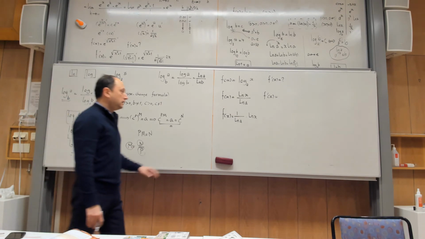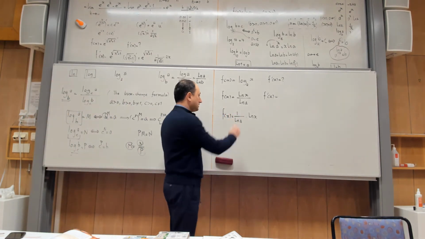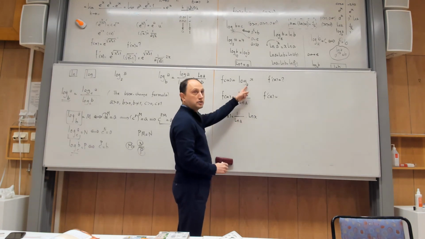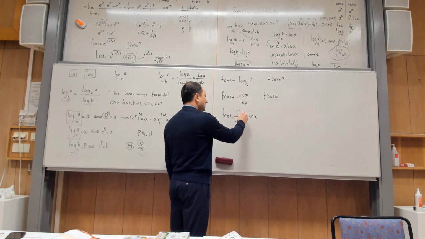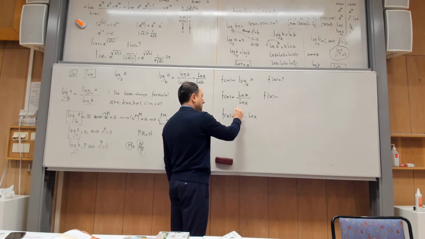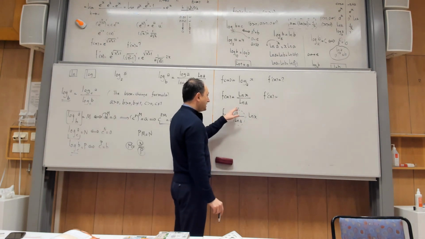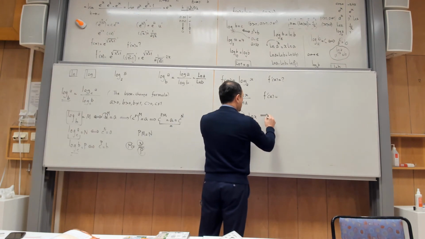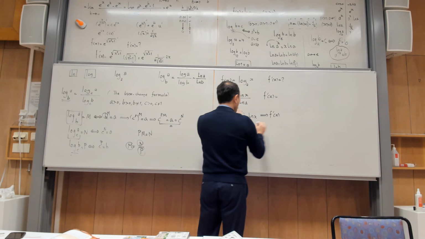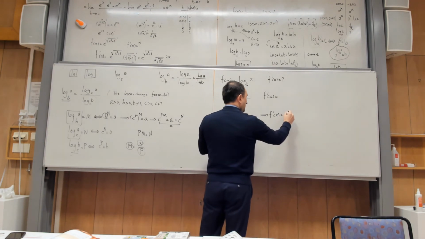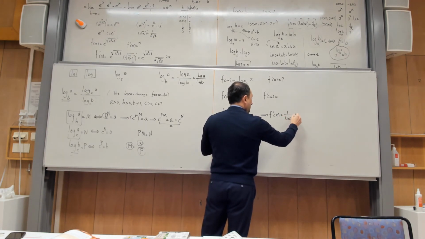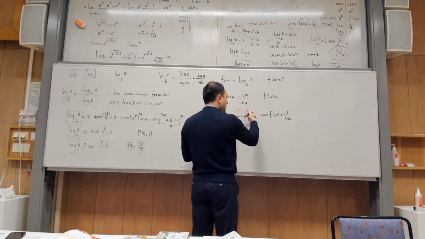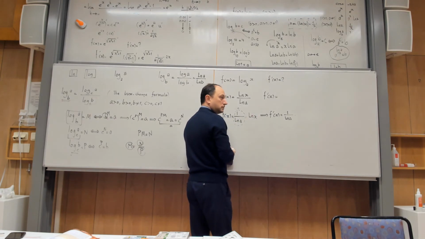Yes? And then this is a constant. Why? Because a is a constant. So you can call this c. F of x is c multiplied by a function. So its derivative is the same constant, which is 1 over ln of a, but multiplied by the derivative of this function.